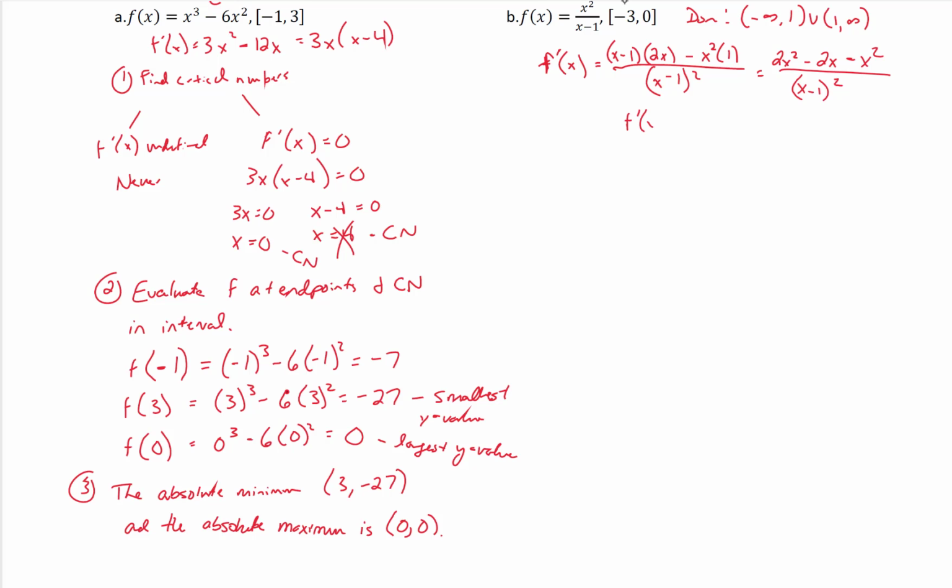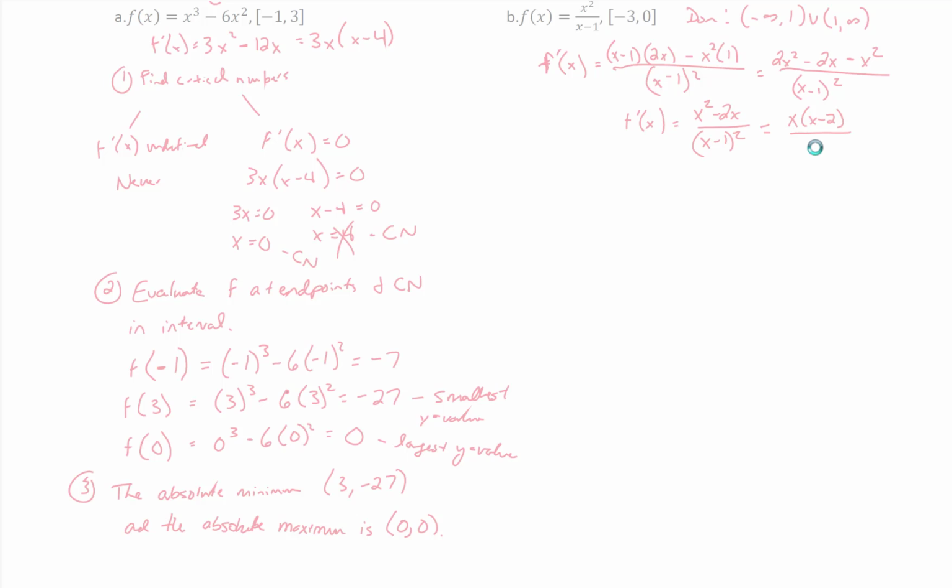So f prime of x is x squared minus 2x over x minus 1 squared. And let's do the algebra, factor what we can out to make our life easier. And so that ends up being x times x minus 2 over x minus 1 squared.